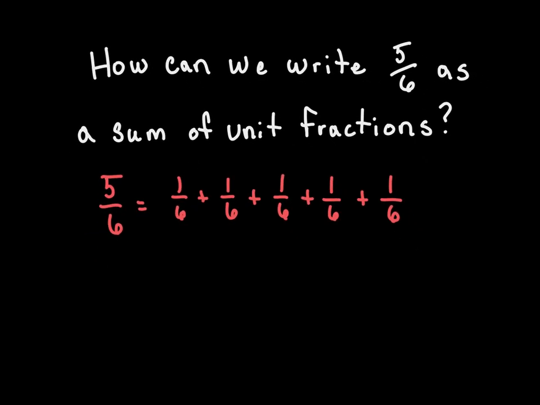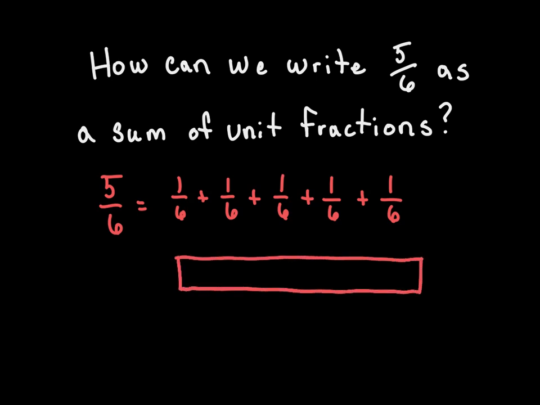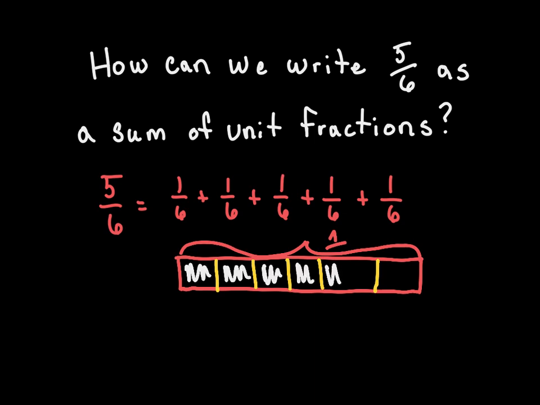You can also show this through a tape diagram, showing that this whole thing is going to equal one whole, but we are going to break it up into sixths. So that's 1, 2, 3, 4, 1, 2, 3, 4, 5, 6. Okay, so how many do we have colored in? We have 1, 2, 3, 4, 5. 5 out of the 6 is shaded in, 5/6.